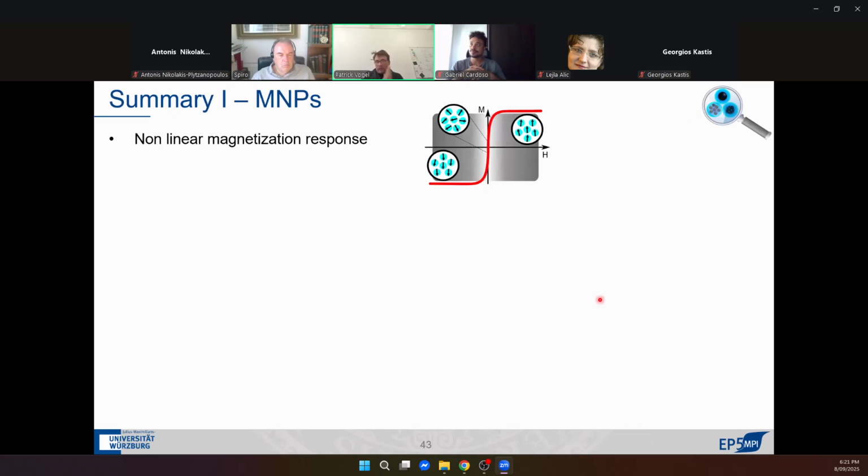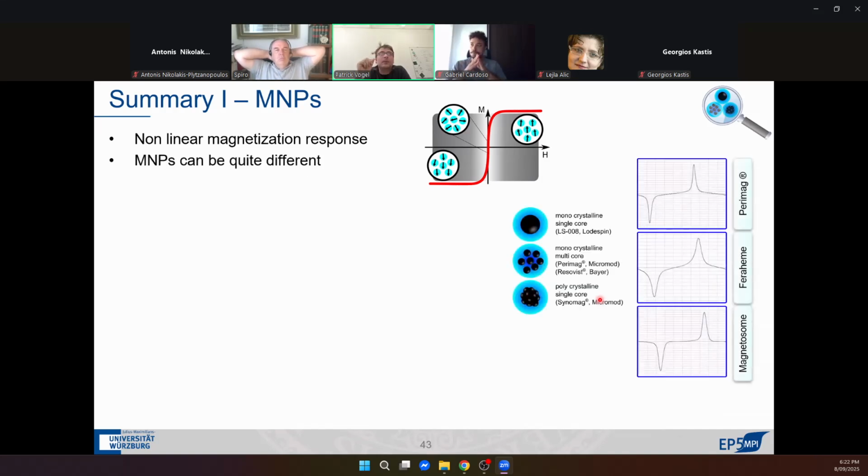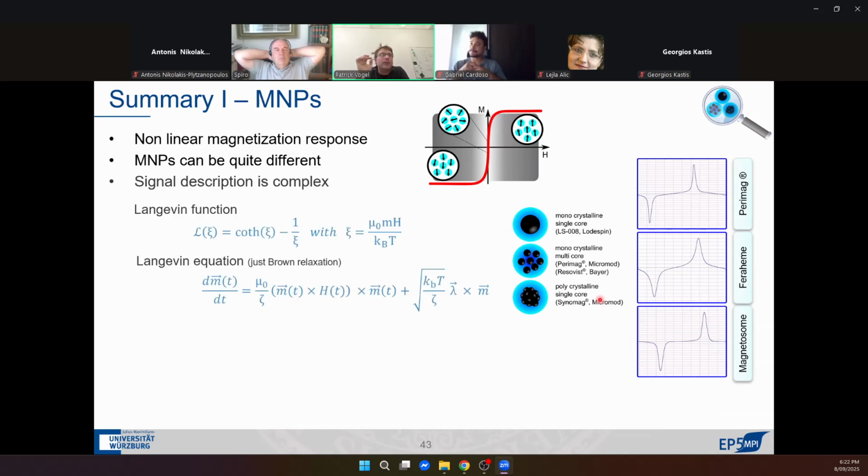So that brings me to this first summary. What we learned: MPI, or MPS, the spectroscopy part, is based on a nonlinear response of the magnetization of superparamagnetic iron oxide nanoparticles. So these particles can be completely different, and the signal is complex, but we are able to also simulate these particles and the signal behavior for different parameters, just to get an idea what the influence is on the different areas.